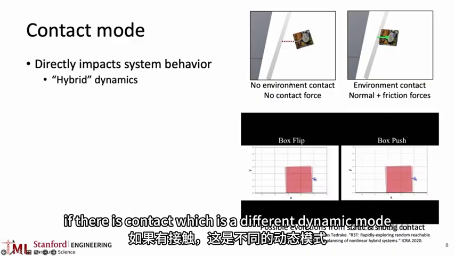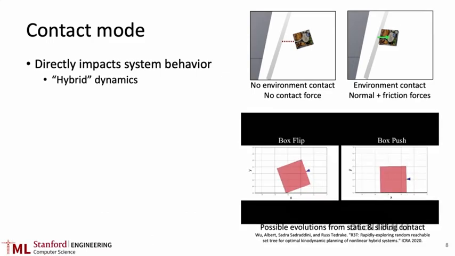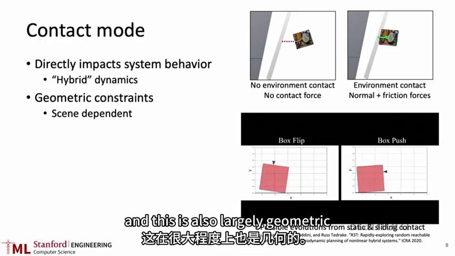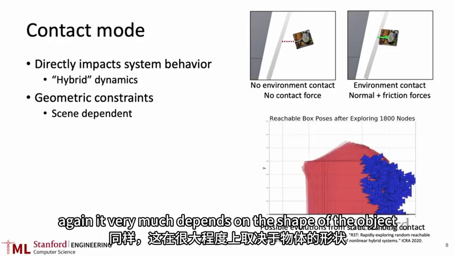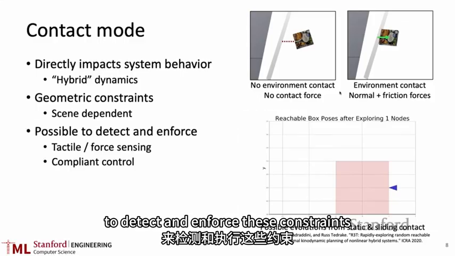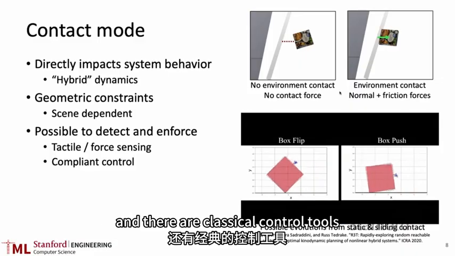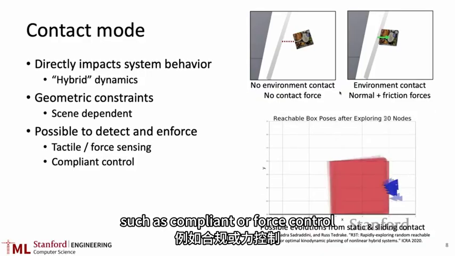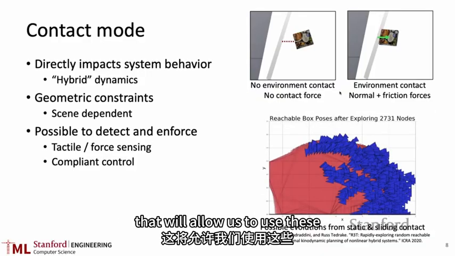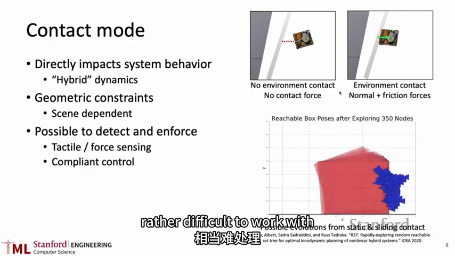Whereas if there is contact, which is a different dynamic mode, then we are able to get the contact force. This is also largely geometric. Again, it very much depends on the shape of the object and the shape of the environment. It is possible to detect and enforce these constraints, whether with tactile force sensing, and there are classical control tools such as compliant or force control that will allow us to use these. But they're generally rather difficult to work with.